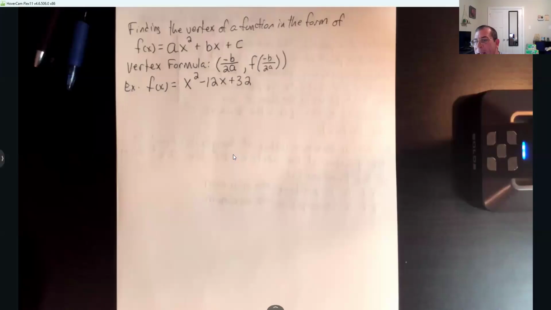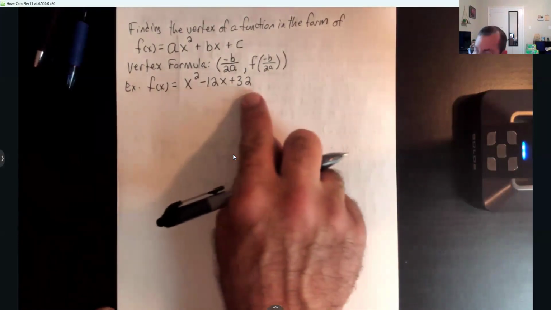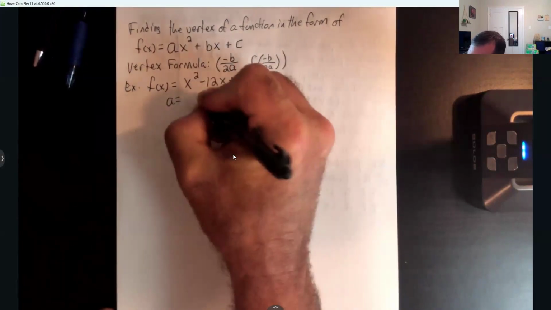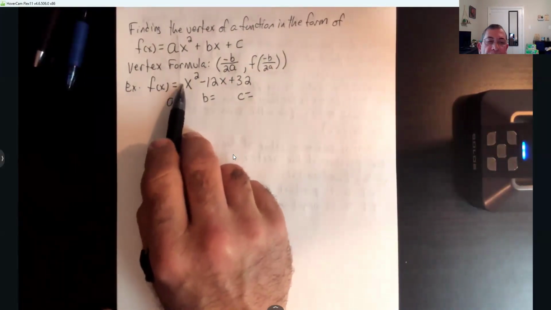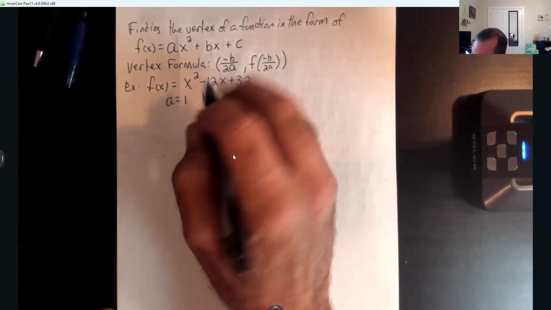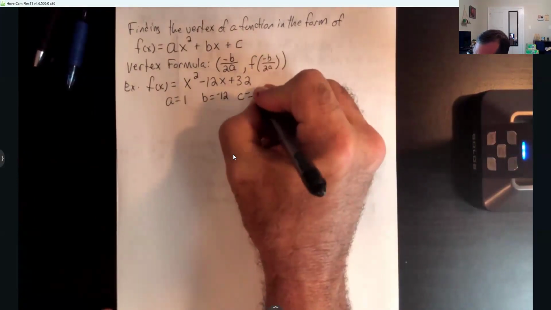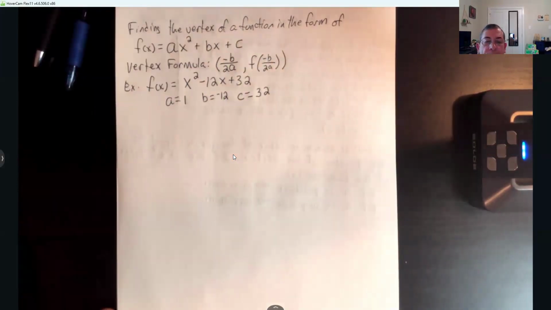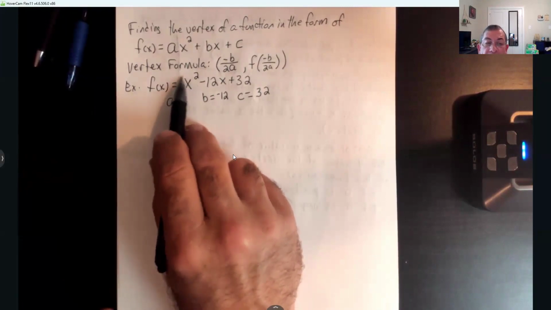Because remember, the main thing I need is my vertex point. So this is just like the quadratic formula. You got to come in and find your A, B, and C. There's no number in front of x squared, so that makes A a 1. B is a negative 12. C would be the 32. Now, this is my x squared term right here.